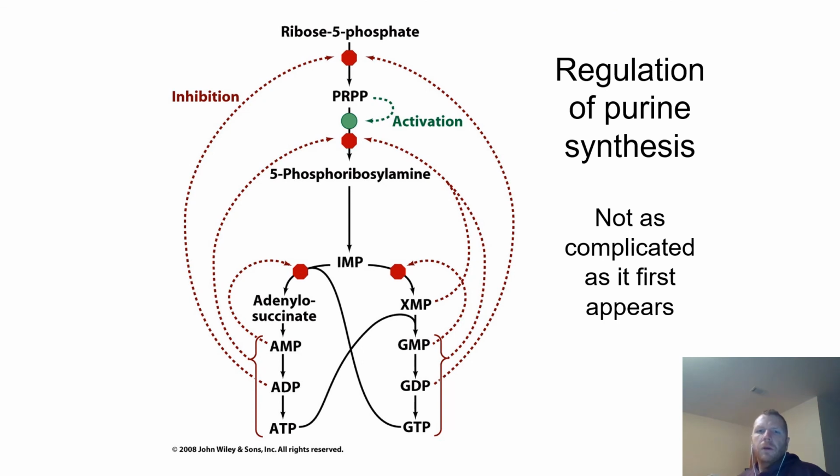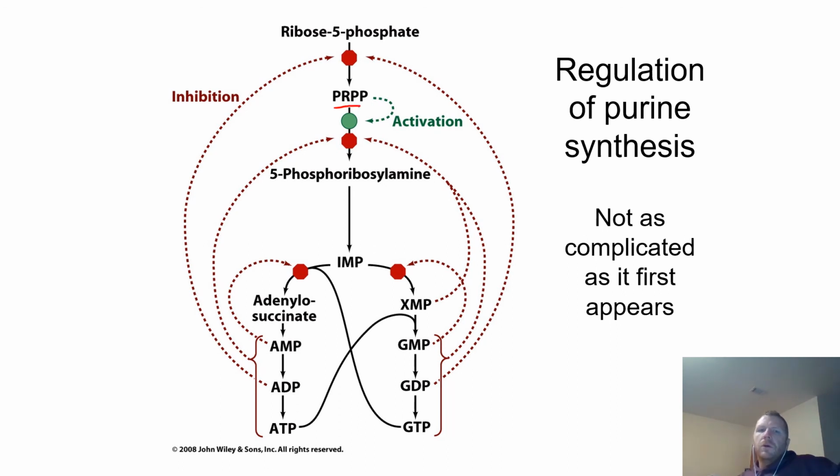Okay. Now, the regulation of purine synthesis is kind of complicated. So we've got a series of arrows. Green arrows mean it's activating. The red dotted lines indicate that it's inhibiting. So when we have ribose 5-phosphate, remember that's our starting point. When you have that ribose 5-phosphate, what you need to do is add your pyrophosphate in order to make PRPP.